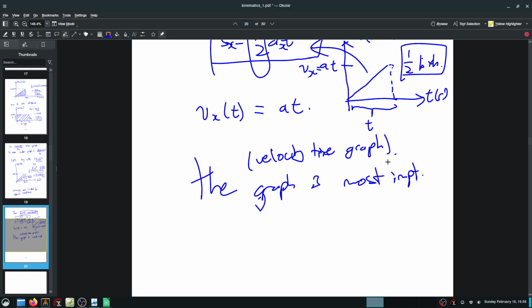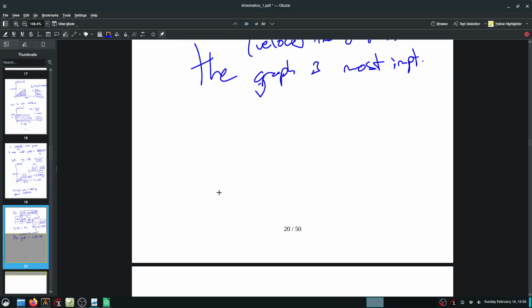This formula will not always work because in reality acceleration is not constant. Maybe you have a velocity time graph, Vx in meters per second, t in seconds. Maybe you have your graph like that.